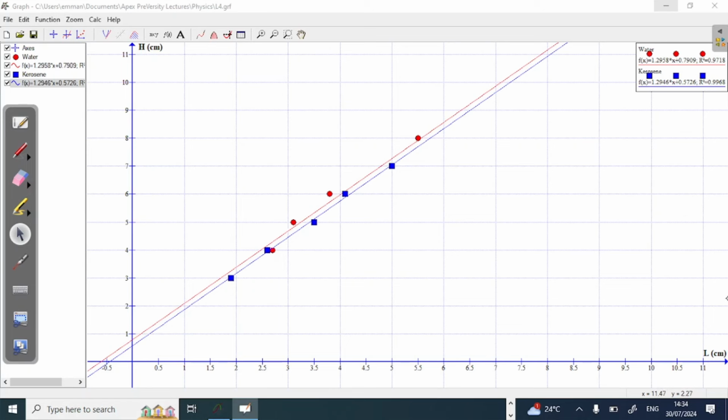So if they ask you to find the value of n using h over L, that simply means get the slope of this graph. That means I'll get the slope of both water as well as the slope of kerosene, and that's all. So let's see how we can find the slope for water and that of kerosene.